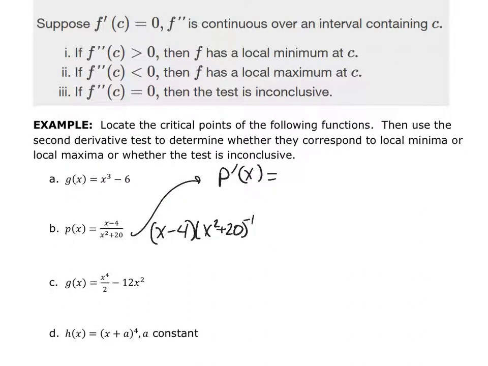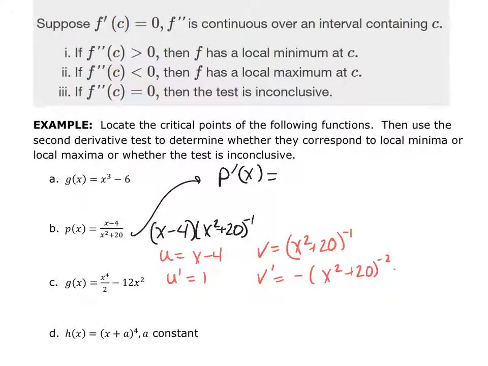That means this u is x minus 4, u prime is just 1. V is going to be x squared plus 20 raised to the negative 1. V prime is going to be negative x squared plus 20 raised to the negative 2 multiplied by 2x.